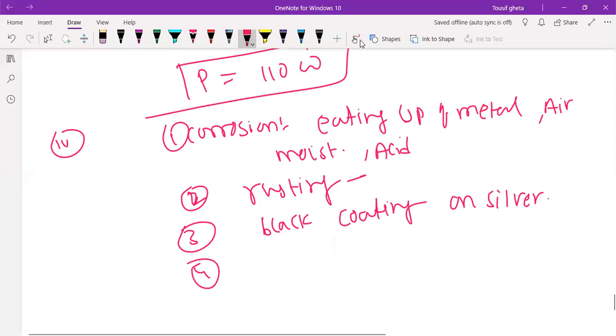Next one. Why is corrosion of iron a serious problem? Yeah, corrosion of iron is a very serious problem because, see, whatever the civil works are going on, like bridge construction, whatever kind of constructions are going on, they use iron, right? If this iron is undergoing corrosion, then it is getting weaker. So we need to replace it again.